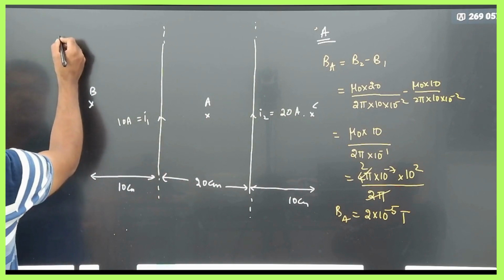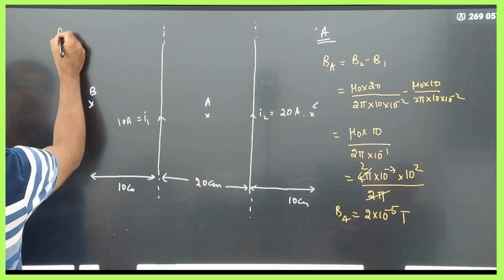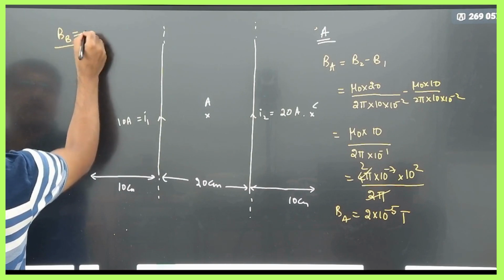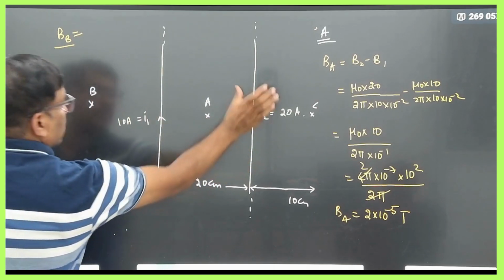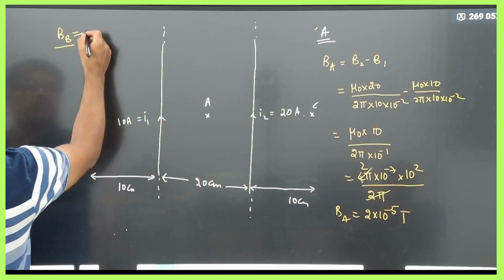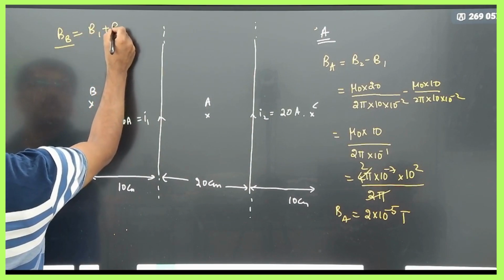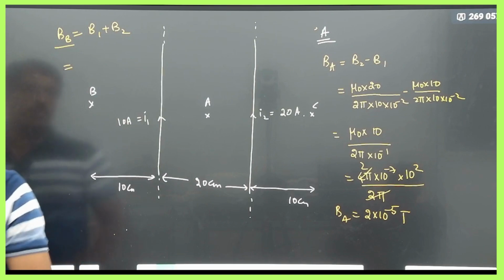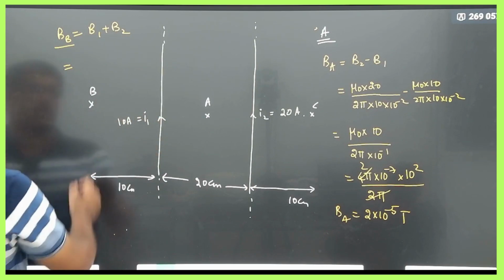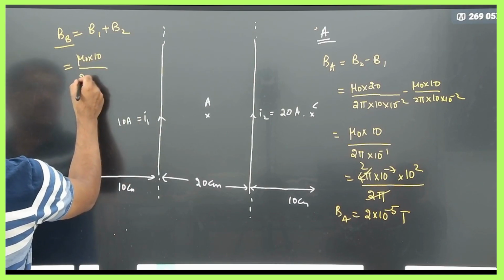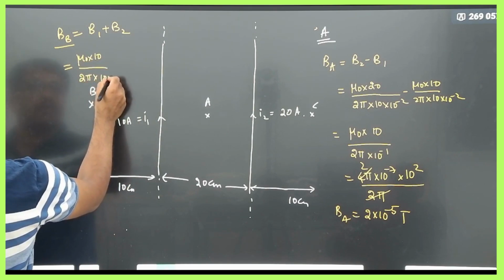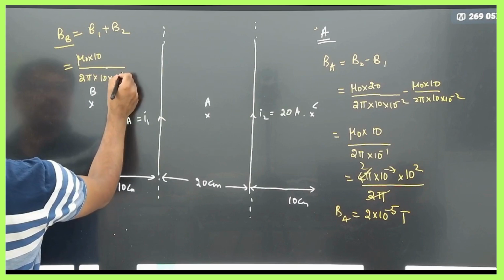Right. So the magnetic field at C, we want to calculate. So you see here, this one, current is outward, and this one, current is also outward. So therefore due to 1 plus due to 2. What will be the magnetic field due to 1 now? This is 10 centimeter. So mu naught into 10 ampere divided by 2 pi into 10 into 10 to the power of minus 2. Correct?